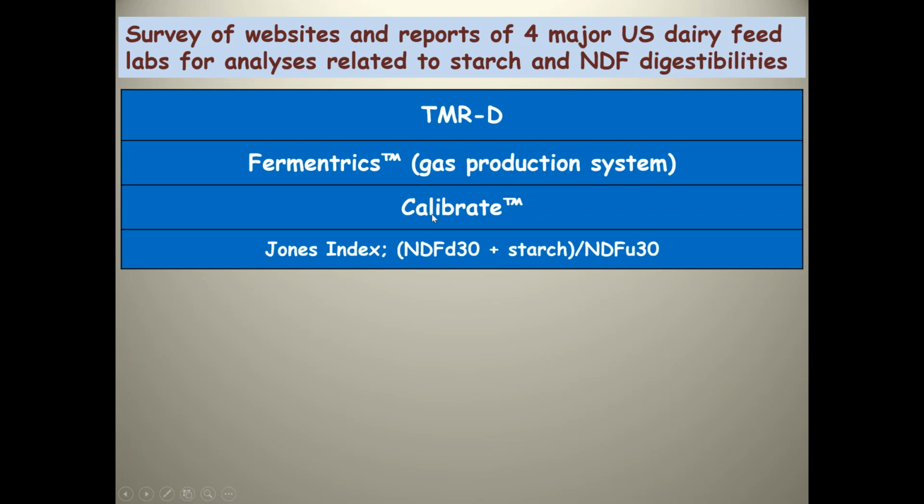Calibrate is a trademarked system of Purina Mills Land O'Lakes that will show up upon request on some reports. Again, kind of a focus on starch and NDF digestibility simultaneously. And then finally, there is an index that shows up on the Cumberland Valley reports, which tends to try to relate the fiber digestibility and starch to fermentability and feed intake of the cow.